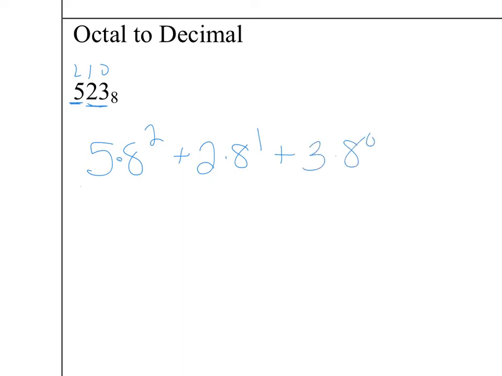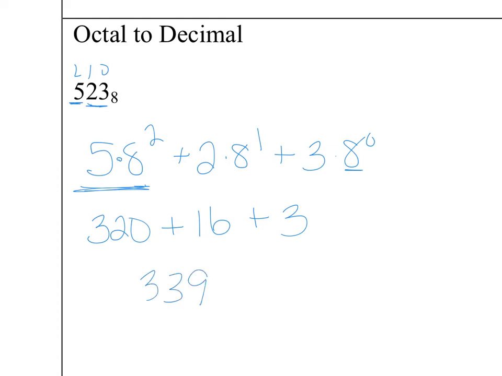And then you just figure out what this number is. It's not as easy as binary, but you have calculators. So this is 320. This is 16. This is 3, because 8 to the 0 is 1. Add them together, and you get 339. So if you were looking at 523, that's actually 339 in decimal.